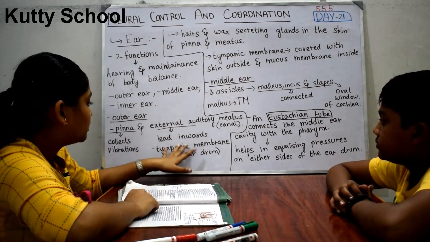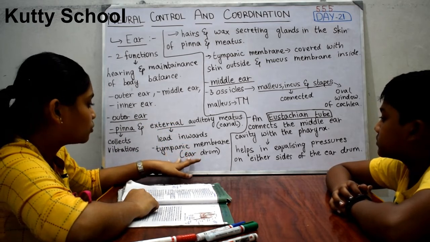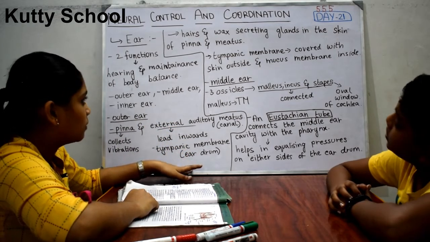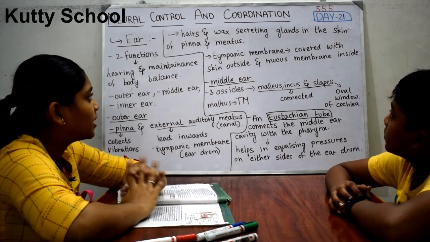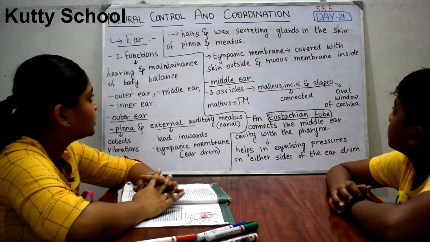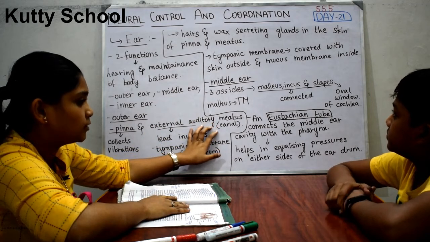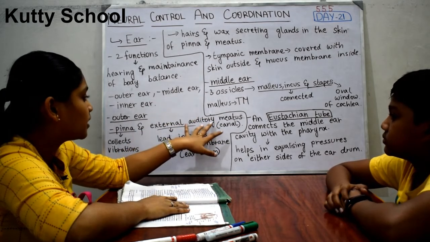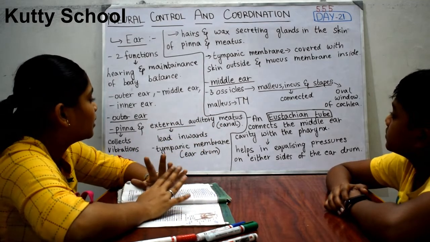This leads inwards and reaches the tympanic membrane, also known as the eardrum. The skin of the pinna and meatus has hairs and wax secreting glands.